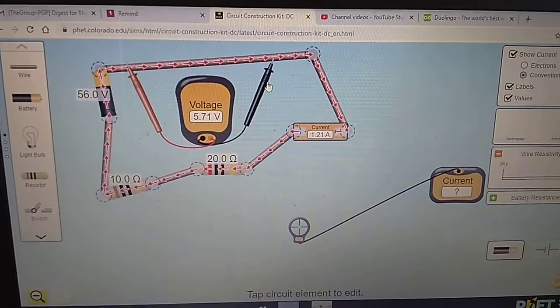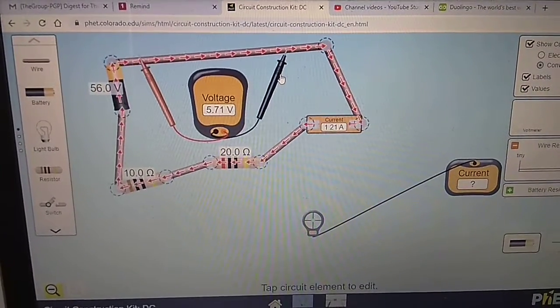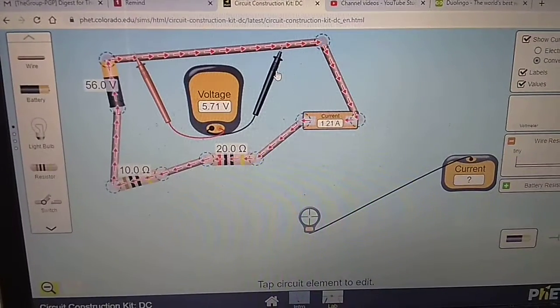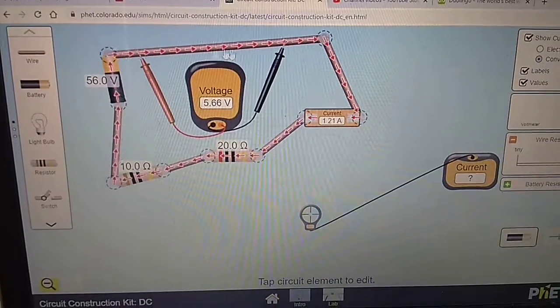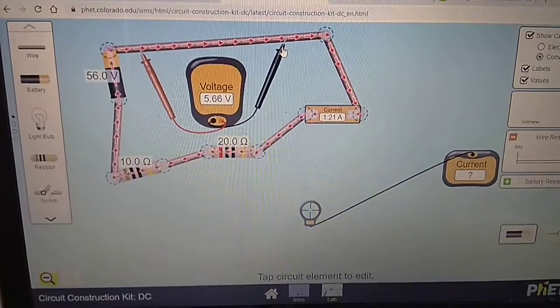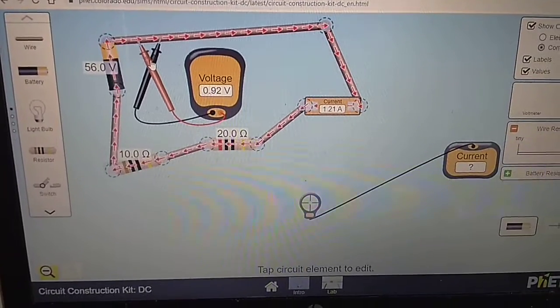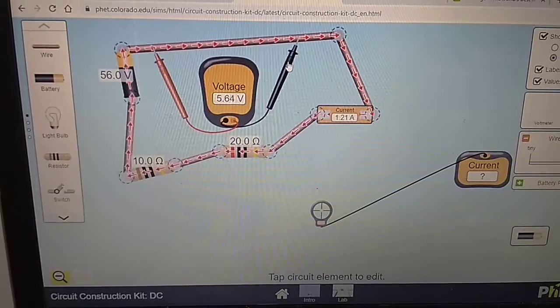Now, if a longer wire means a higher resistance and therefore a bigger voltage drop, then by changing the position of these probes, I should be able to change how big the voltage drop is. So I'm going to start down here. Longer wire means bigger voltage drop.